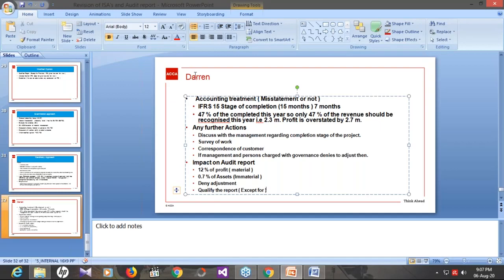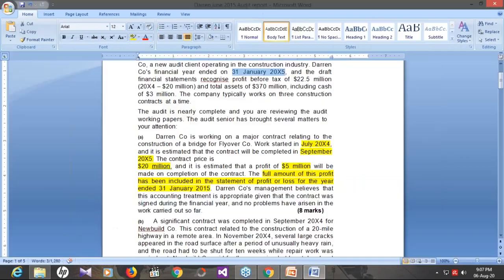So when you have calculated and discussed all the required treatment according to accounting standards, then you will go for any further actions that are deemed necessary. Then you will go for the discussion regarding the impact on the audit report. So this is the format that you should follow.